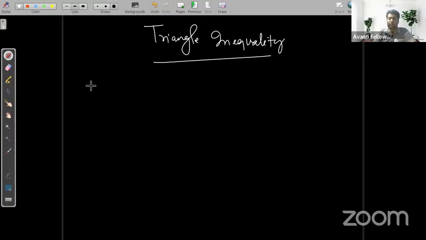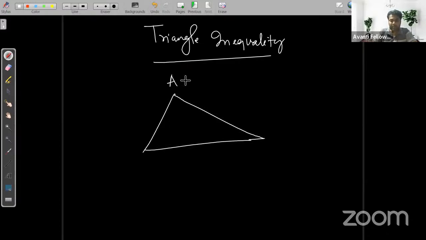So what is the triangle inequality? All of you know, if you have a triangle here, suppose this is my triangle. This point is A, this point is B, this point is C. And suppose this is my side b, this is my side a and this is my side c, small c.